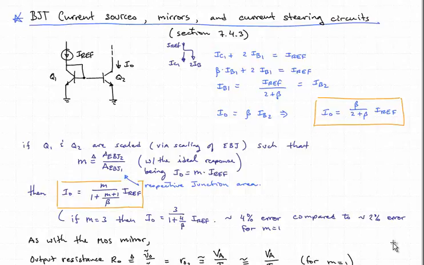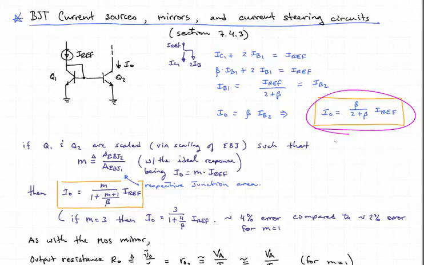So here we have a basic BJT-based current mirror, where we've tied the collector and base of Q1 together, and then we've connected the two bases together. And some simple analysis, just doing some KCL, leads us to the relationship for IO in terms of IREF.